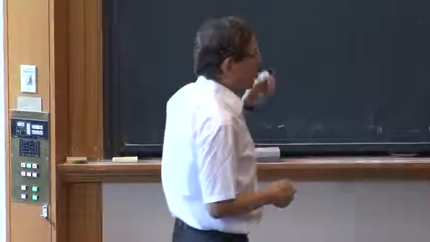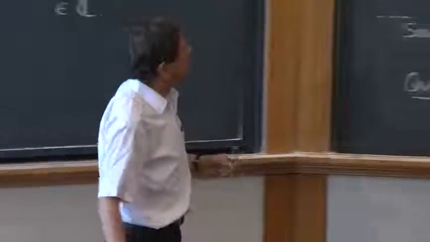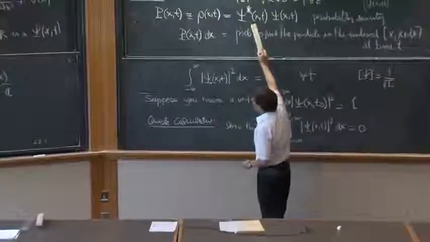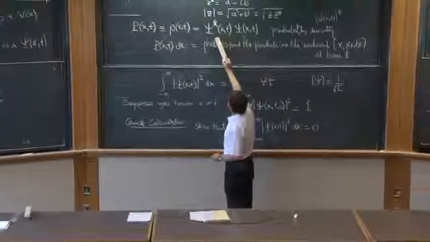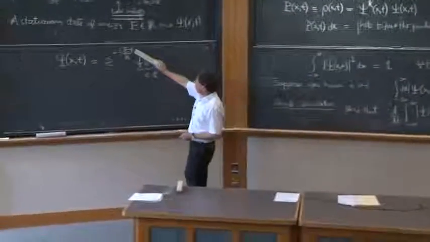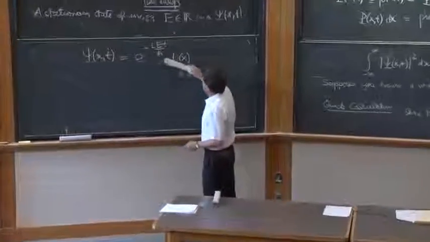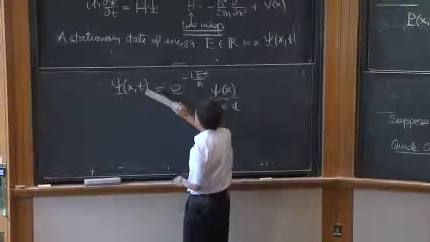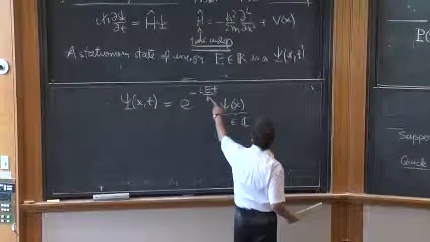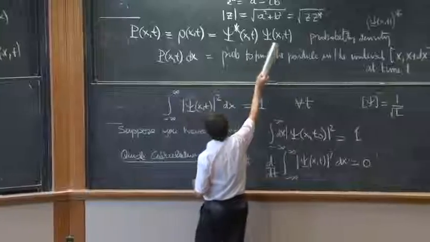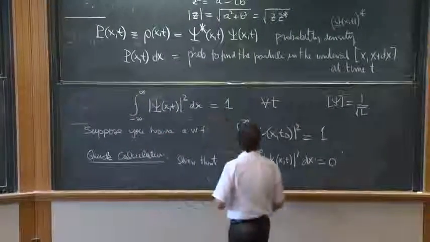In particular, one thing that is observable is the probability density. When you look at that, you have psi star times psi. Since E is real, this is really a phase, so the phase cancels. Therefore, in psi star psi, the E cancels, and all the time dependence goes away.